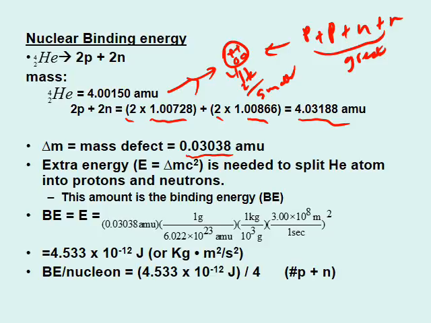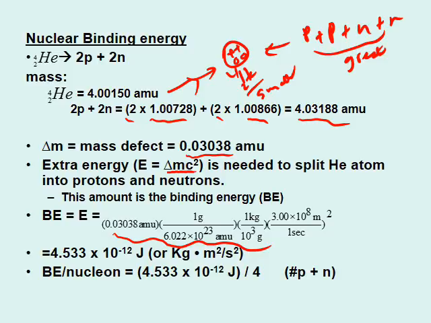According to Einstein, whenever there is a situation like this, the mass defect, the mass that seemed to have disappeared, is actually converted into energy, and it is given by delta m times c squared, basically mc squared, mass defect times velocity of light squared. So here we are showing you the math from atomic mass unit to gram.